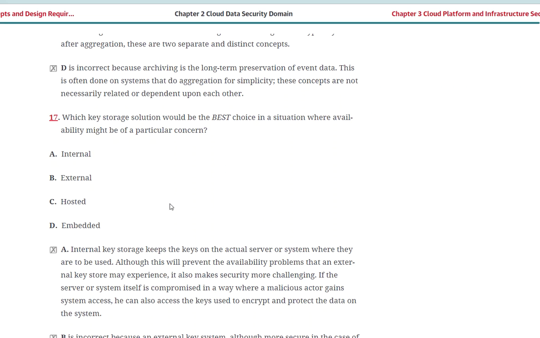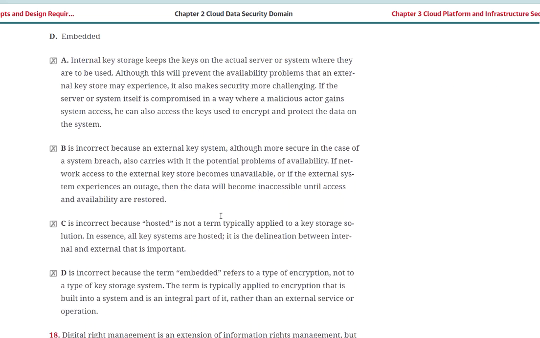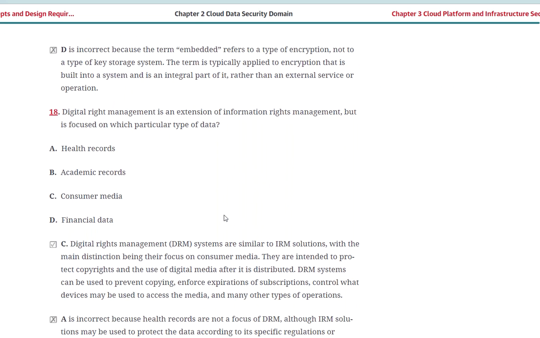And the correct answer is internal. Question 18. Digital rights management is an extension of information rights management, but it is focused on which particular type of data? And the correct answer is consumer media.